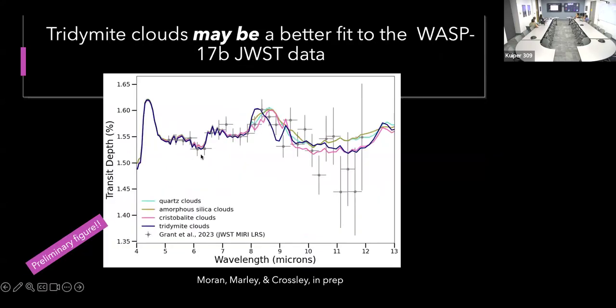Yeah, so you're saying that the blue one fits the peak very well, but what about the point to the left? Yes. That's why I think I need to actually run a chi-squared against this and not squint, which is what I've done so far. Okay. With the blue, yeah, definitely looks better.